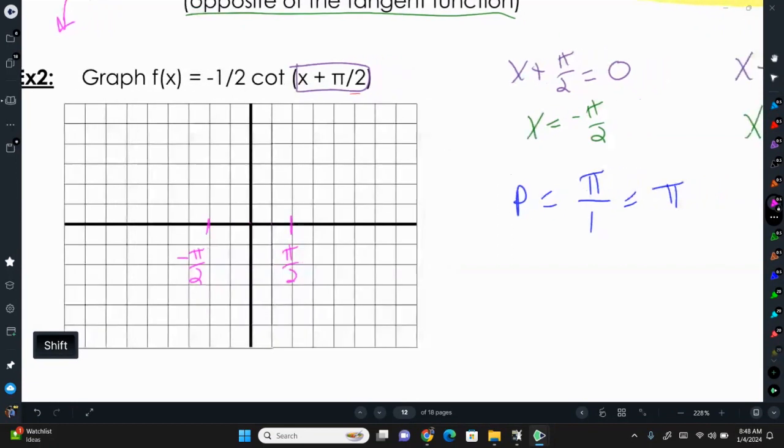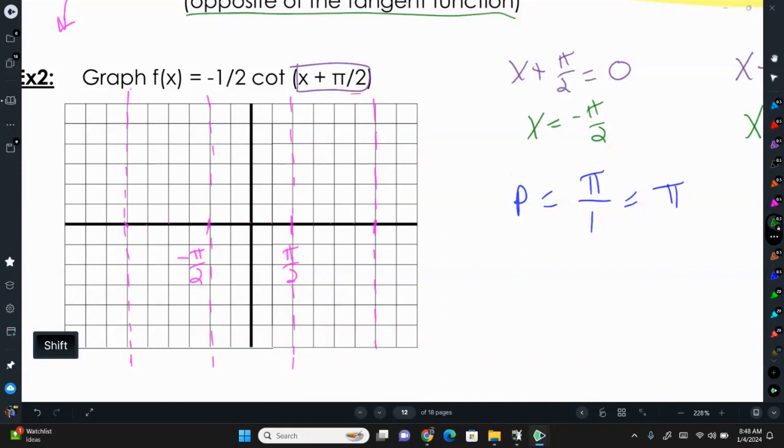So now every pi, we're going to have another asymptote. So another 4, 1, 2, 3, 4. We're going to have a vertical asymptote here, here, here, another 1, 2, 3, 4, another asymptote there. And that's as far as I'm going to go. I'm not going to go off the grid on this one.